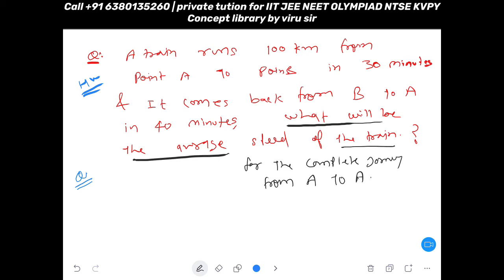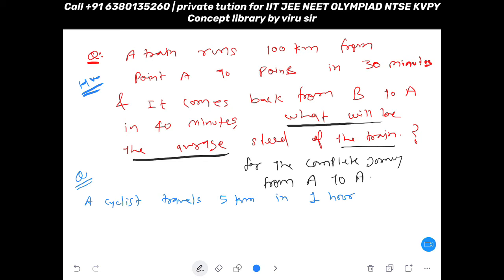Now you take one more question. A cyclist travels 5 kilometers in 1 hour. And one more thing, always give your answer in meter per second.